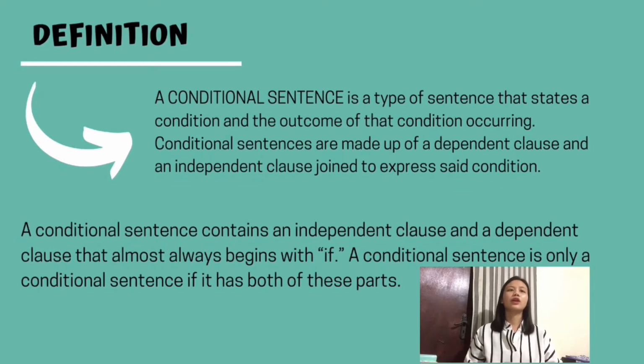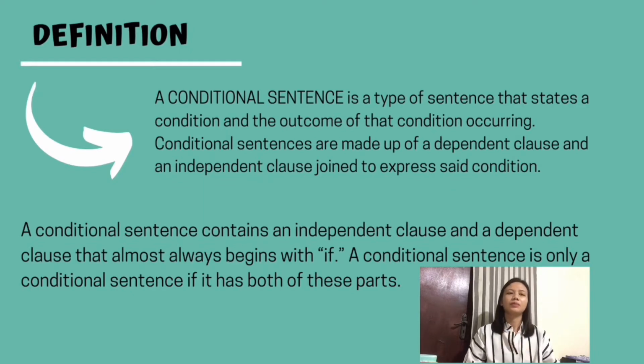In short, a conditional sentence is used to express a condition that can only happen if something else occurs, and almost always begins with if, but some conditional clauses might begin with when. A conditional sentence is only a conditional sentence if it has both of these parts.